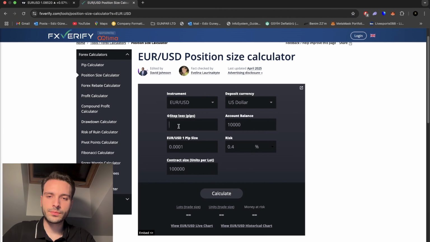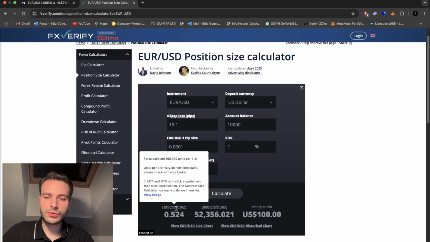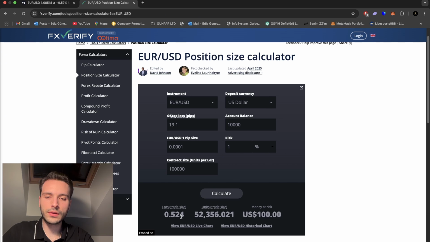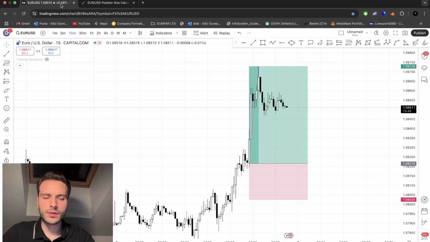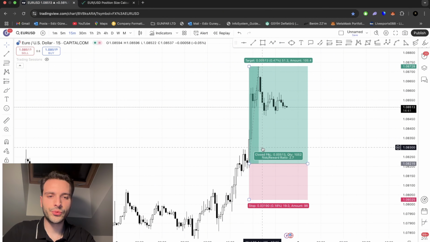Here's my calculator: 19.1 pips, my account was $10,000 and I want to risk 1%. I need to use 0.5 lots in my trade to risk 1% for my position. And let's say this red area, we were risking $100, and then we win the trade at the end of the swing, which means we gained $270.